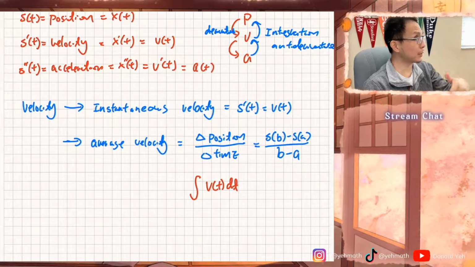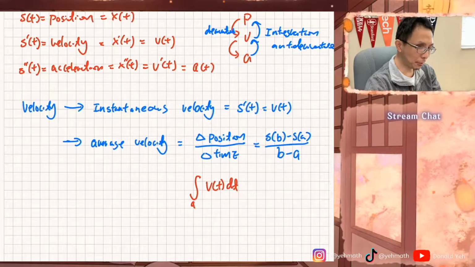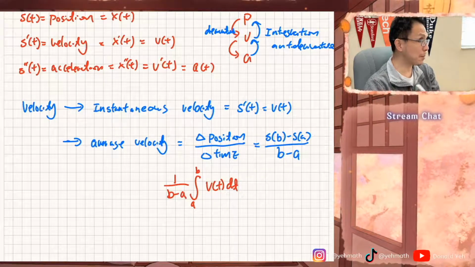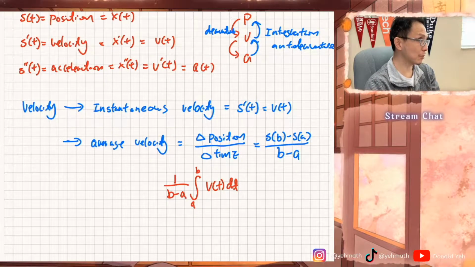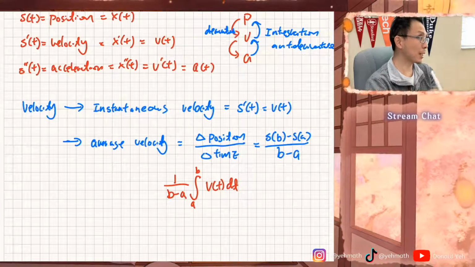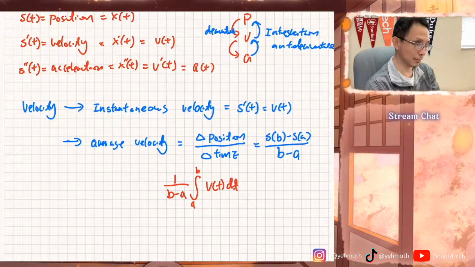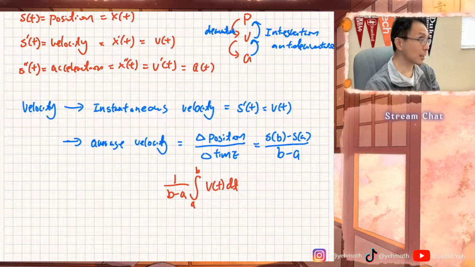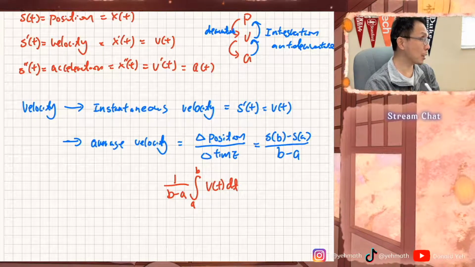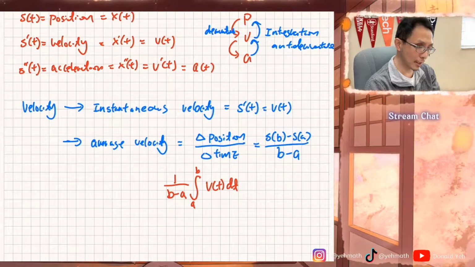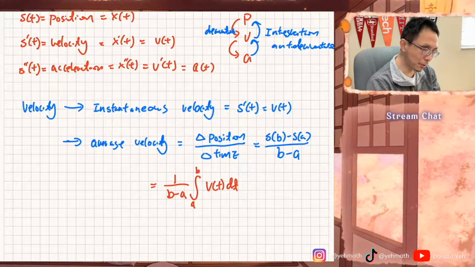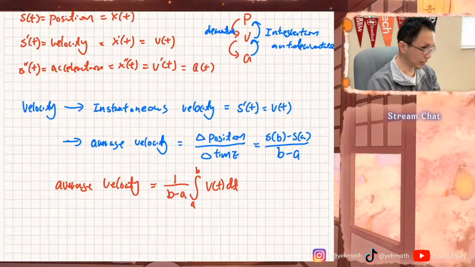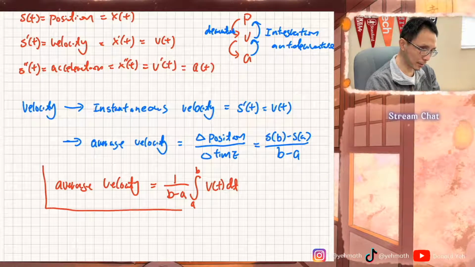So then I have to integrate v of t between a and b, and 1 over b minus a, which is, remember, an average value. And it was supposed to be on the last test, but I didn't. This is an average velocity, but it turns out it's an average value of the velocity function. That's also the same thing as the new thing that you don't know about average velocity. So the average velocity is equal to this.